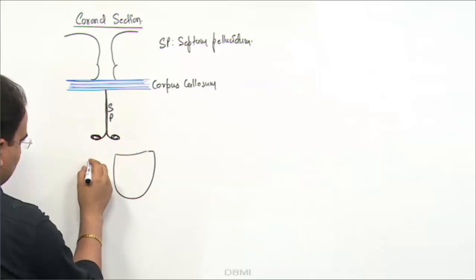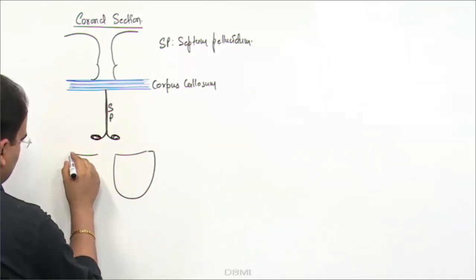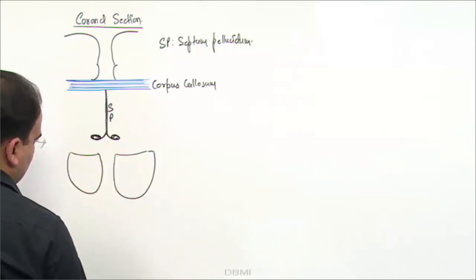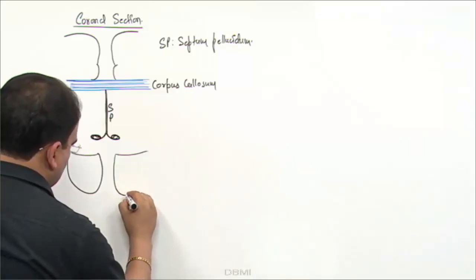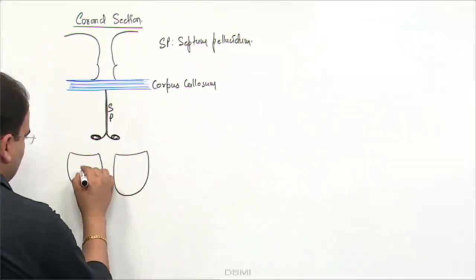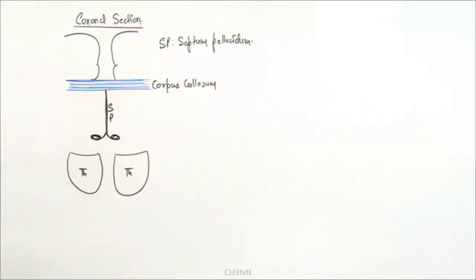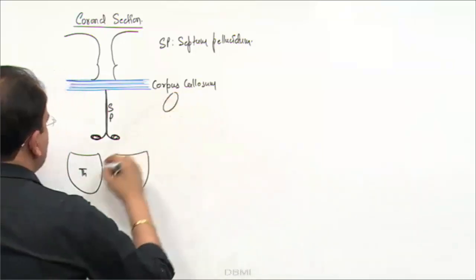That is thalamus. Let's say these are the thalamus here. Just writing TH, that is thalamus. That is the body of caudate nucleus.